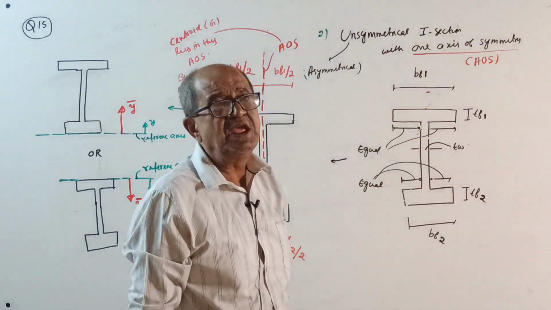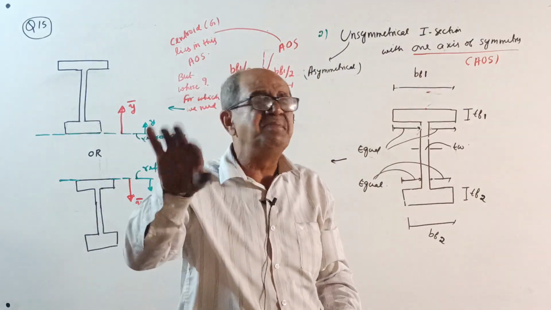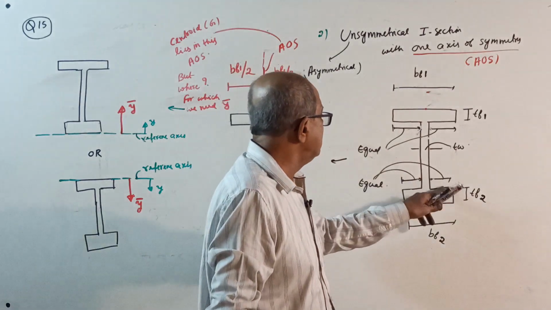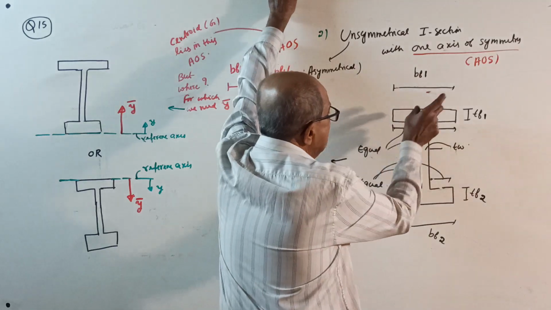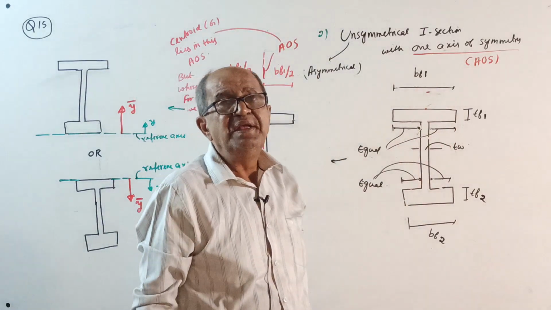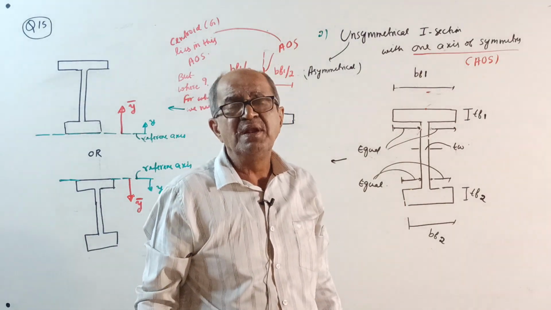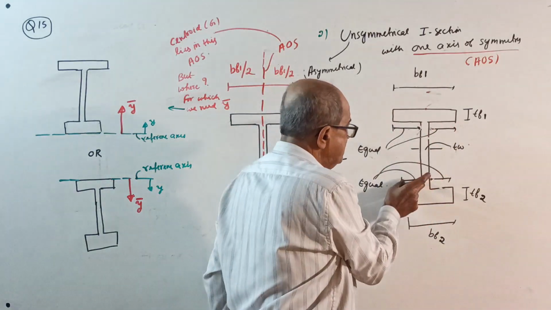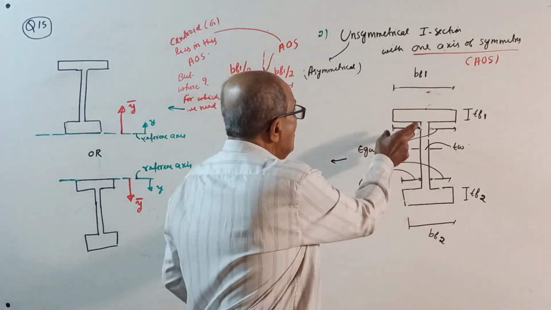If that is not equal, it will become completely unsymmetrical, like in the last class. When data is not given in a question, it is understood that these two offsets are equal, and these two are equal. But this is not equal to this one.